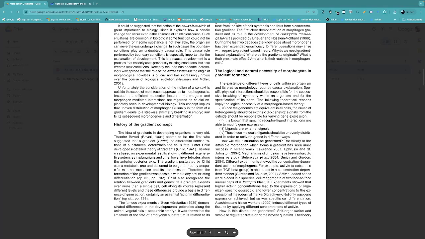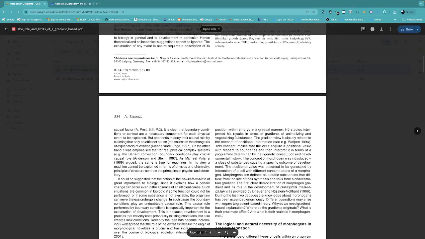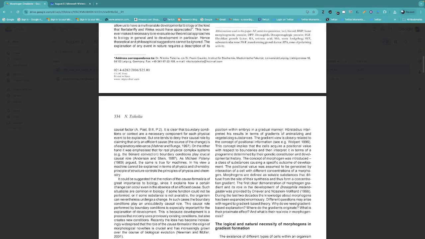Okay. And so this idea of developmental potencies kept going throughout the 30s and 40s. They looked in 1939 at the animal-vegetal axis in sea urchin embryos. It was shown that limitations of the fate of the embryonic substratum is related to its position within the embryo in a gradual manner. So these are these sort of bell curves that I showed you.